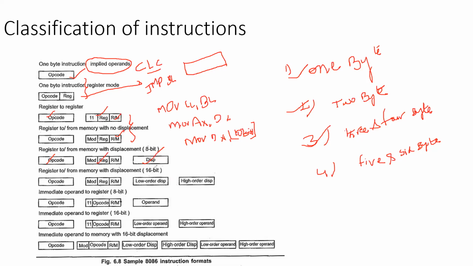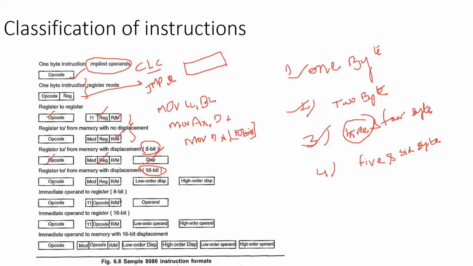The displacement will be only 8 bits, that means a single byte. Only 8-bit displacement we are using. If you are using only 8-bit displacement, then that comes under the 3-byte instruction. If you see the next one here, we'll have 16-bit displacement.